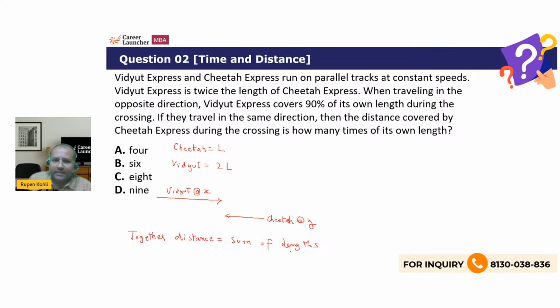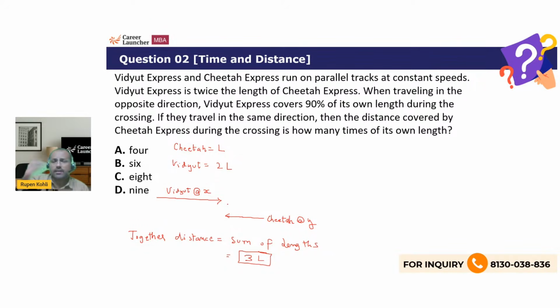So, together they'll cover a distance equal to the sum of lengths, which is 3L. Whenever crossing happens between two objects, whether in the same direction or in the opposite direction, the total distance covered by the two objects is the sum of the lengths of the two objects, right? So here 3L is the total distance covered by the two trains.